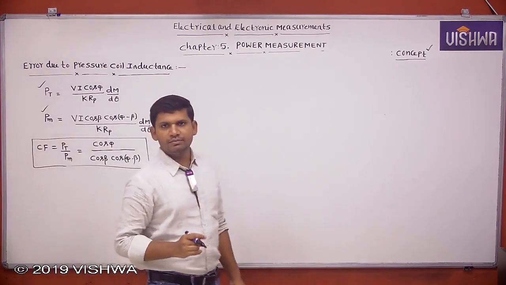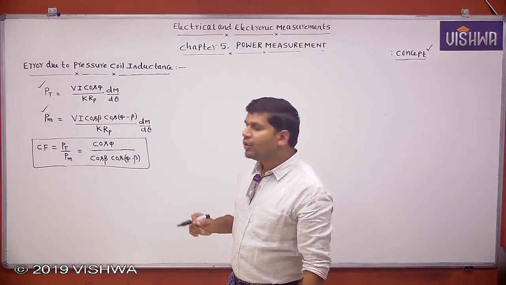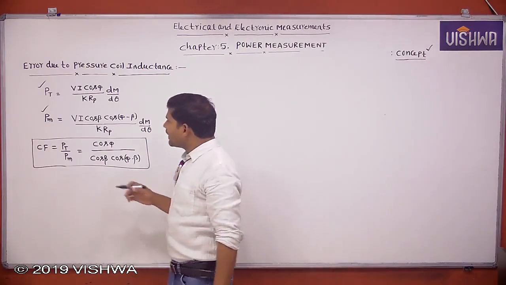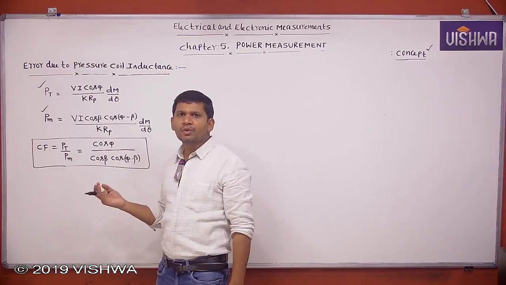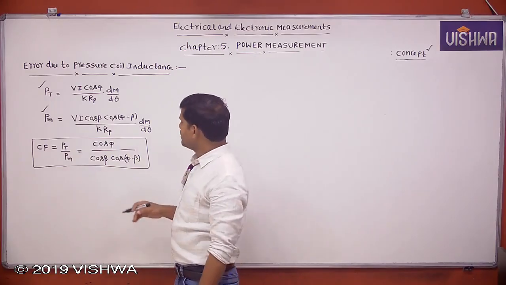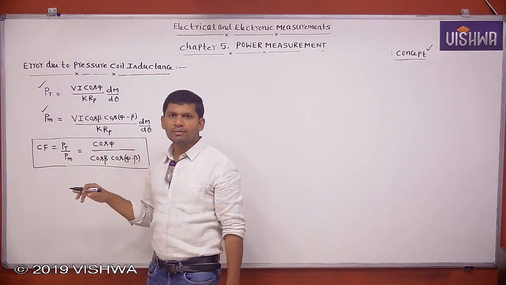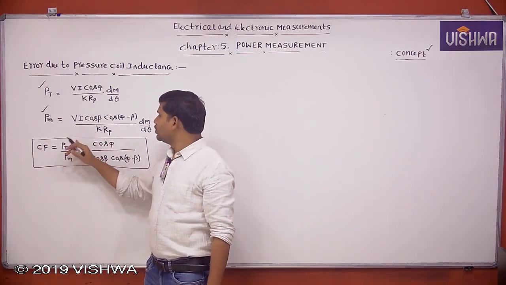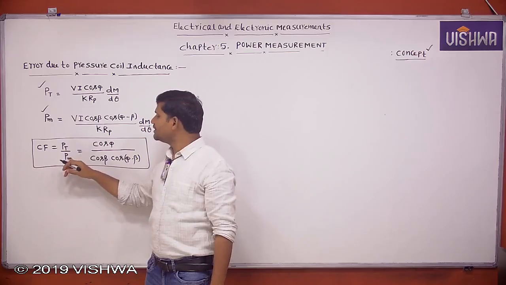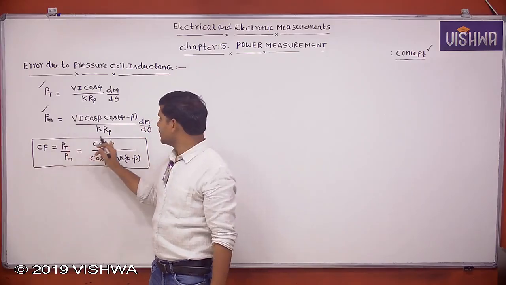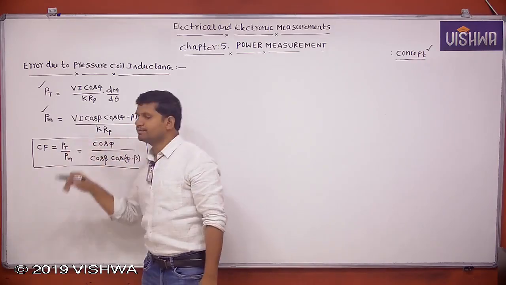Correction factor for the error due to pressure coil inductance. That means here true power and measured power are not equal. To bring the measured power equal to true power, by what factor can we multiply?